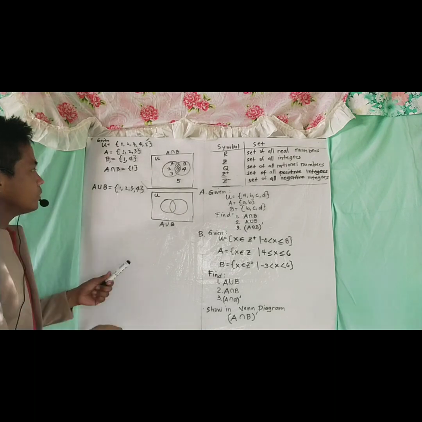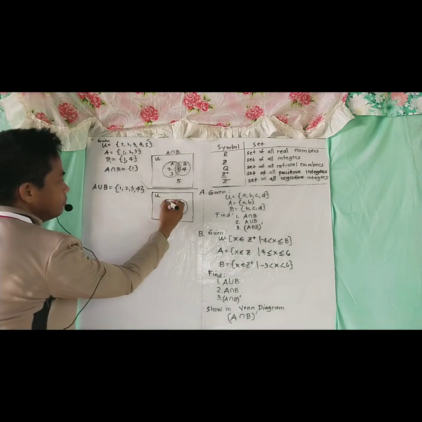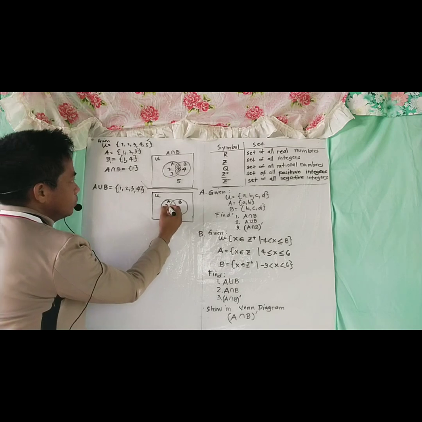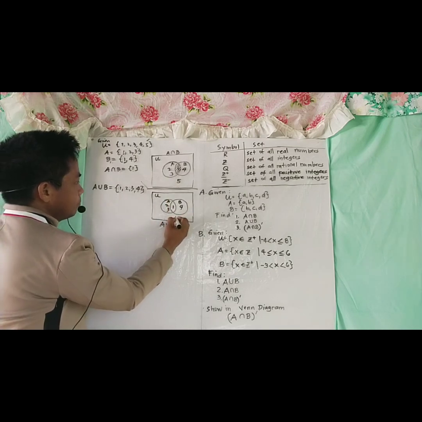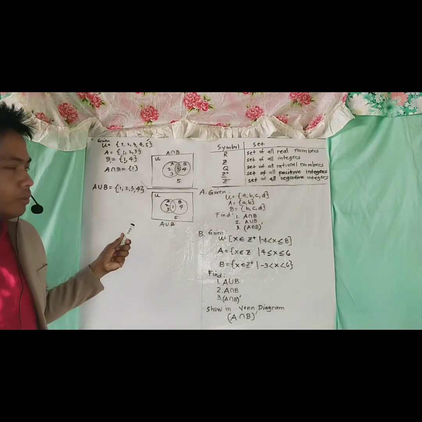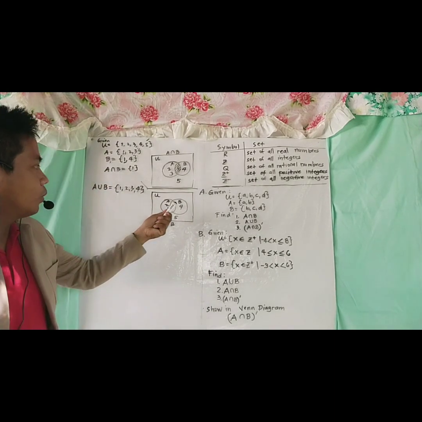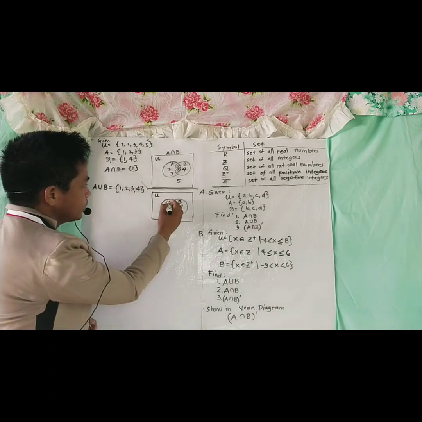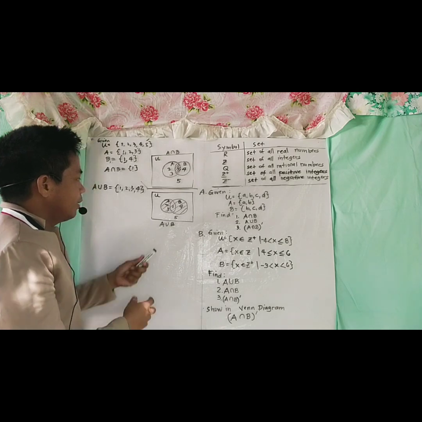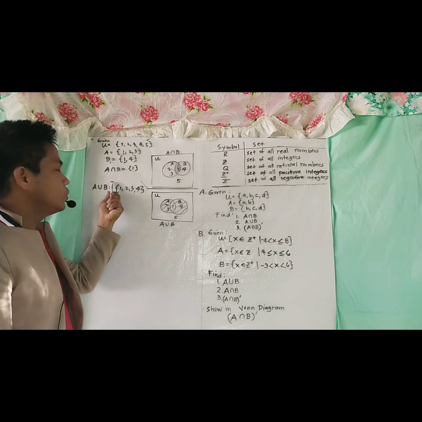Union of A and B. Set A, set B. The same, 1 is the common element of those two sets, then 2, 3, 4, 5. To show this in a Venn diagram, we have to shade again the region where these elements are found. So we have 1, 2, 3, 4. So these two circles will be shaded. The elements of the shaded part are the elements of the union of two sets.